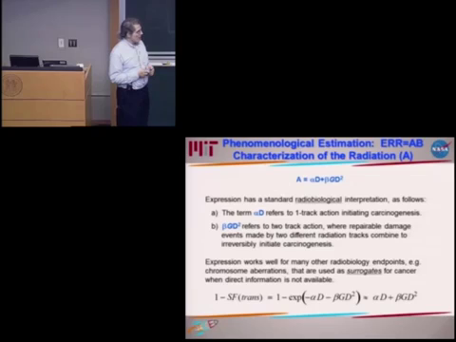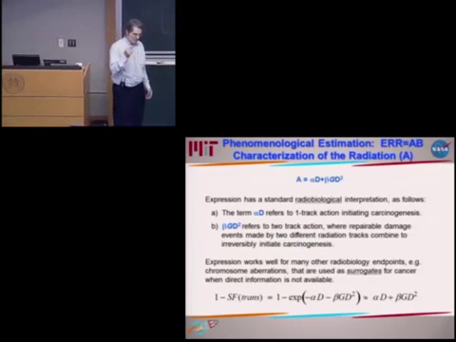And remembering that now the alpha D minus beta G D squared is a small number because, per unit of radiation, the incidence of induction of carcinogenesis is very small. We're talking 10 to the minus 12th or 11th. I mean, we're really talking small here. So obviously we can make the approximation that the rate of generation of these aberrations equates to the risk. 1 minus exponential of that small number is just alpha D plus beta G D squared. Hence, that's in brief how the relationship for A came about.